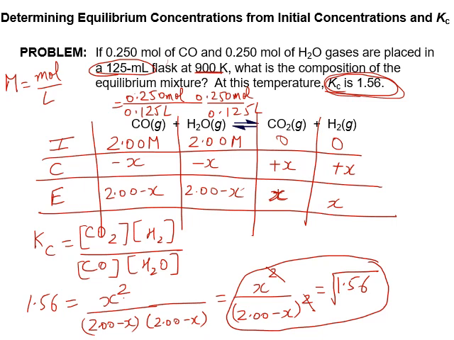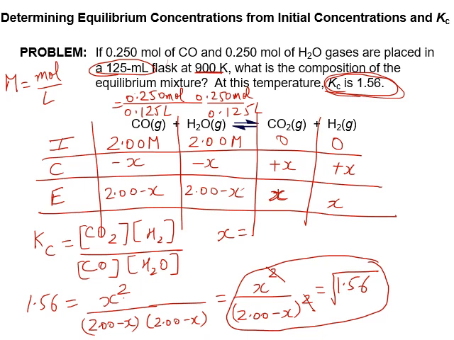If you solve for x here, x is going to be the square root of 1.56 multiplied by (2.00 minus x), and the final value of x that I have is 1.11.